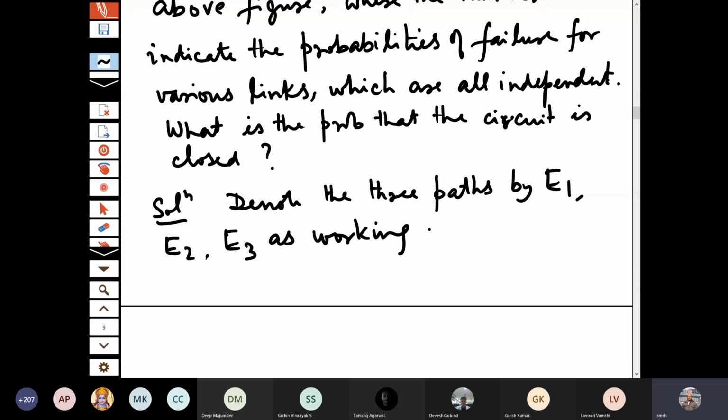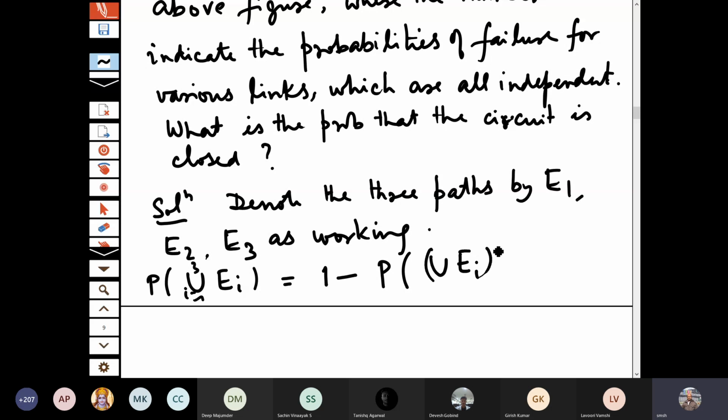So what is the probability of union Ei, i equal to 1 to 3? Because if at least one of the paths is working, then the current will flow. In order to evaluate this, we look at 1 minus probability of union Ei complement.